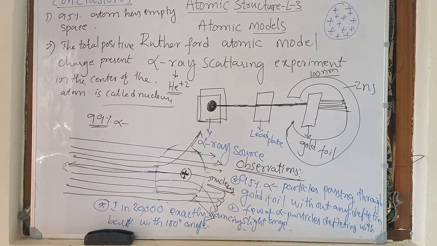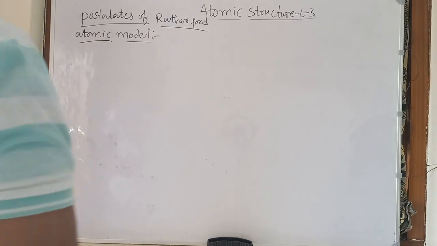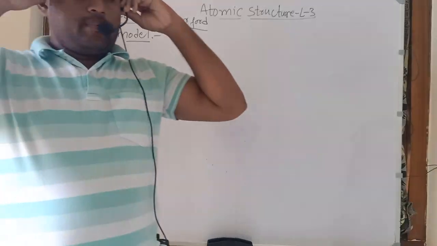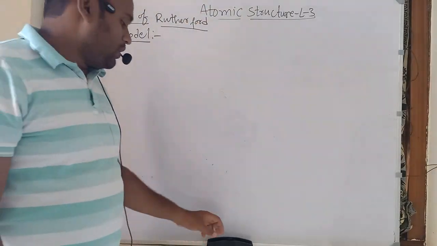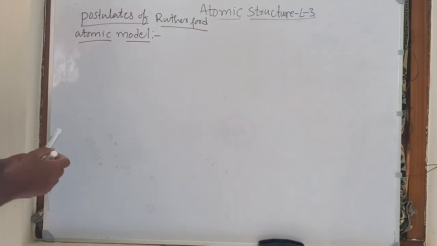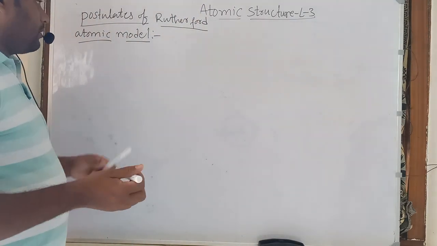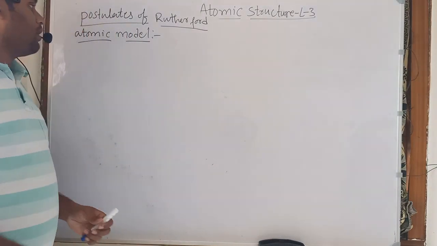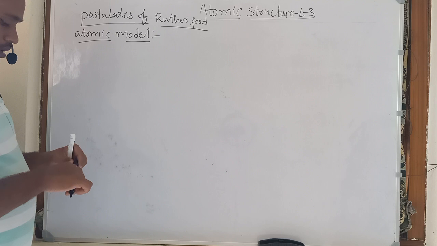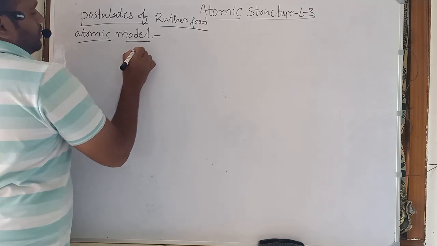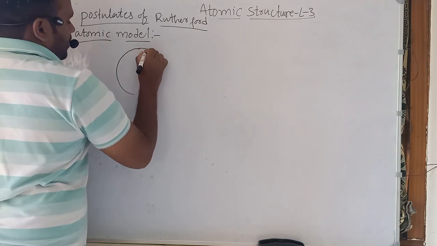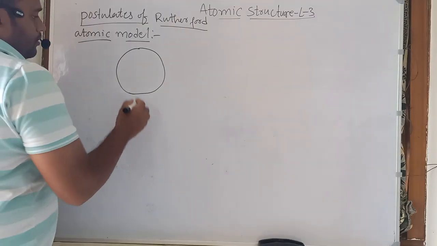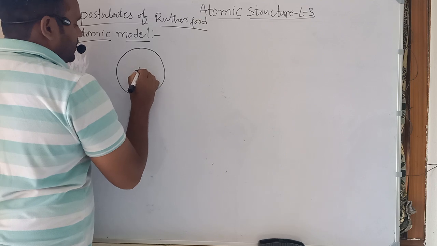So note down. Now let us discuss the postulates of the Rutherford atomic model, the important points about it. After doing the alpha ray scattering experiment, Rutherford proposed his atomic model. According to Rutherford, atoms are spherical in shape, and the total positive charge is present at the center of the atom.